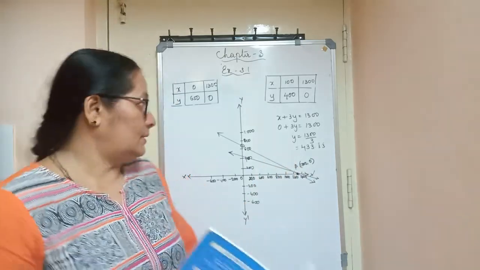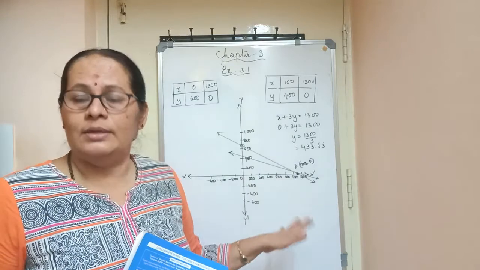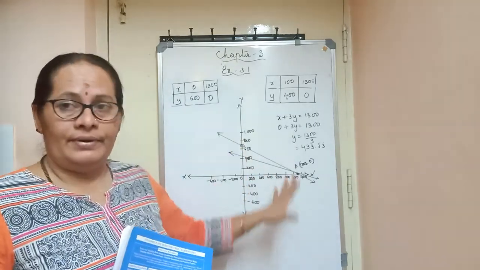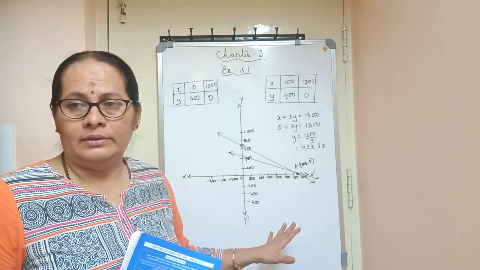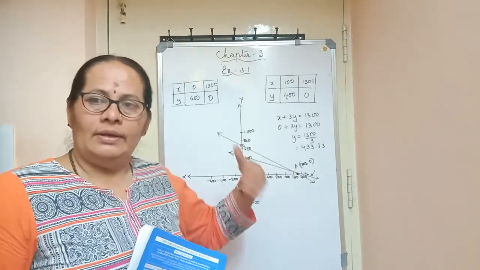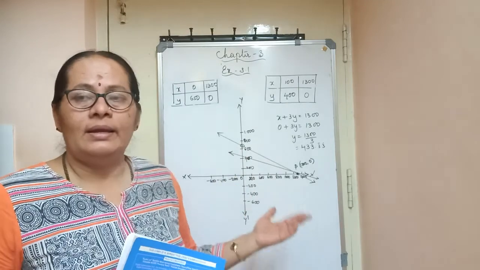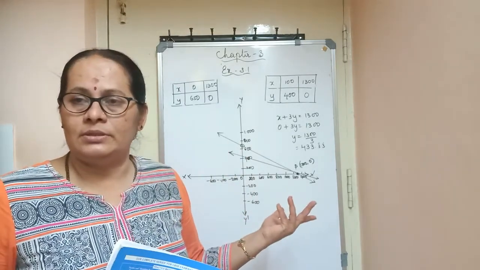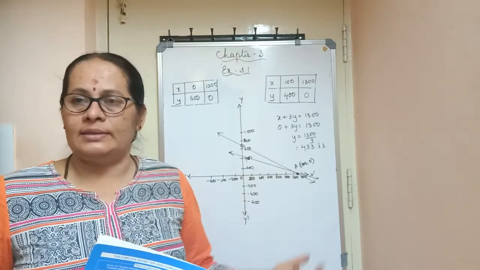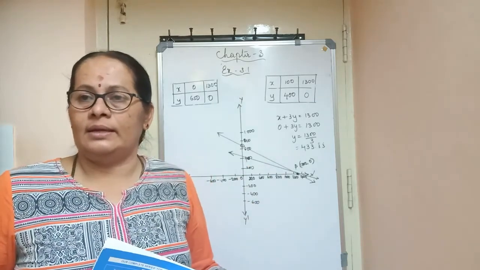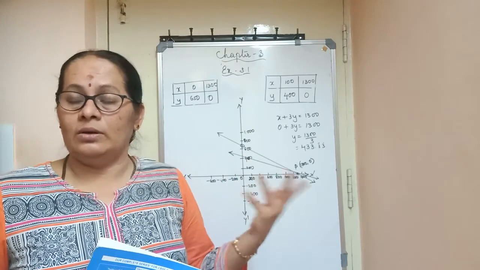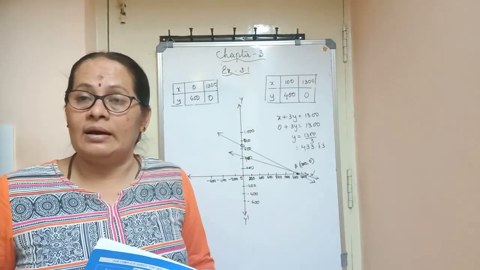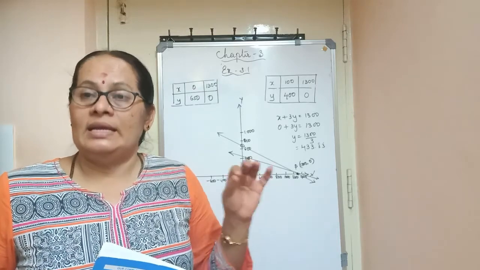So the third sum is homework to you all. Solve your own and tell me what type of graph it is. Okay. In the next class we will discuss graphical method of representing this pair of linear equations and whether they are intersecting, non-intersecting lines or parallel lines or coincident lines, and we also have to find whether they are consistent or inconsistent.